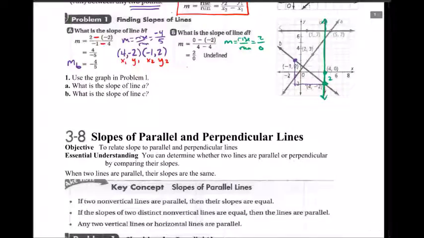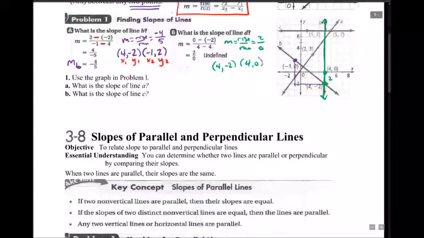We can also use our points. We would use our points -2 and 0 and label them x1, y1, x2, y2, and then we would put them into our formula. y2 minus y1 is a negative, so it's minus a -2.